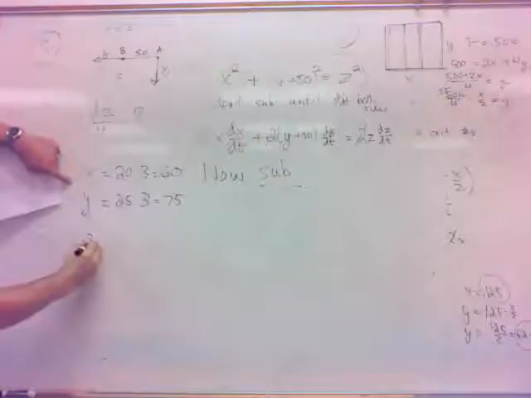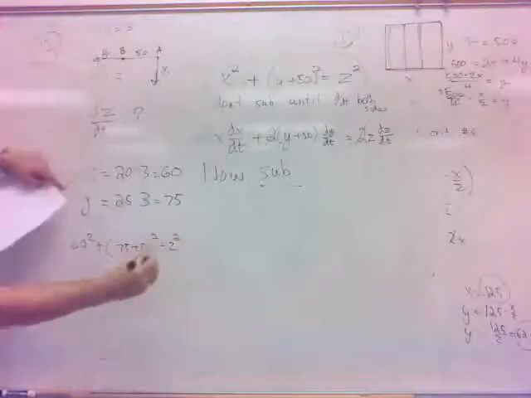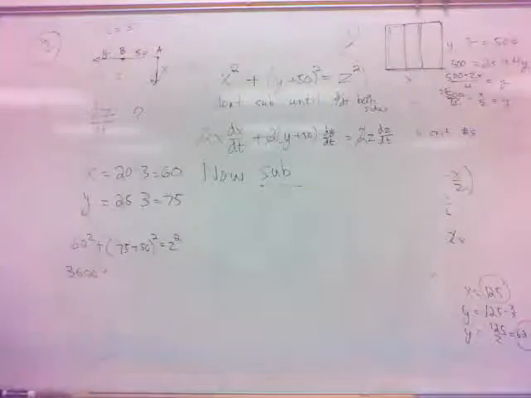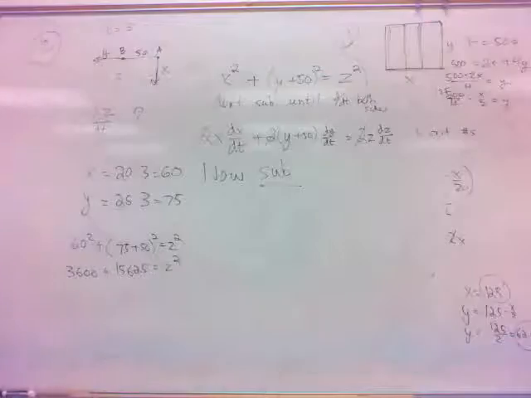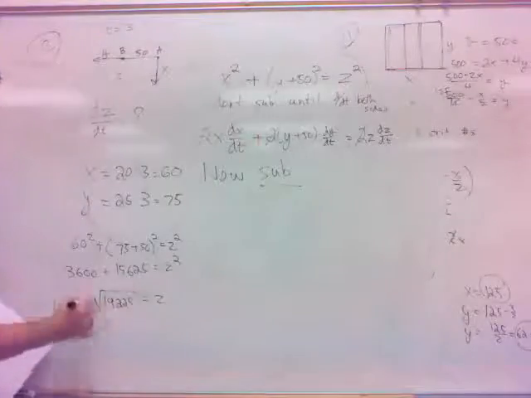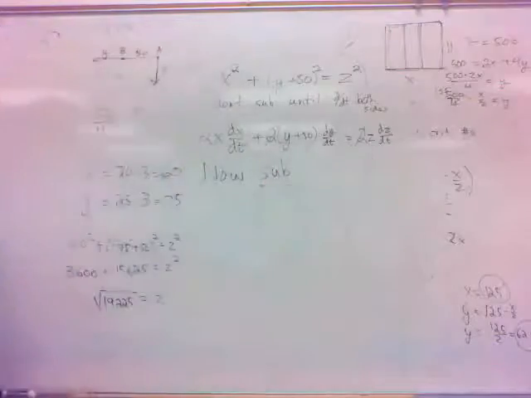So what's 60 squared plus 75 squared plus 125 squared. 1565. Substitute those for x, y, and z.